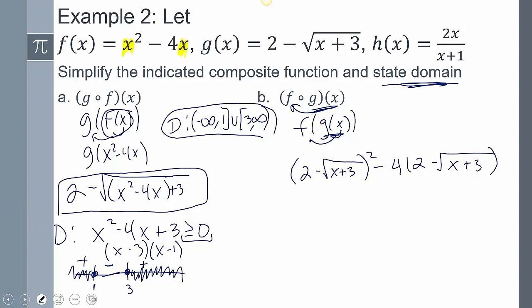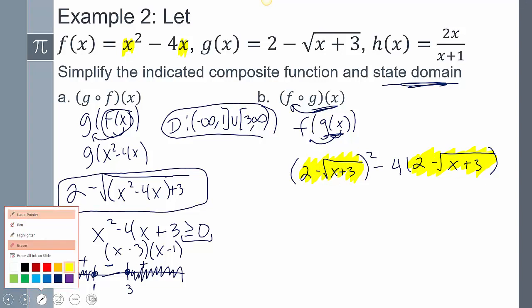There's my x's. So we have x squared minus 4 times x. And so what I did here is I took my g function, which was 2 minus the square root of x plus 3, and I plugged that in for x into my f function. So I plugged it in for x, plugged it in for x.